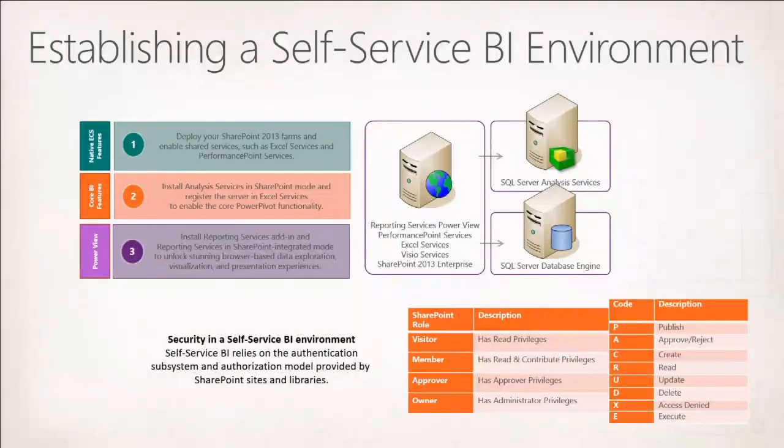Number 2, install Analysis Services in SharePoint mode and register the server in Excel Services, and this will enable the core Power Pivot functionality. So if you publish a workbook that has a Power Pivot data model embedded into it, that is really a deployment story.